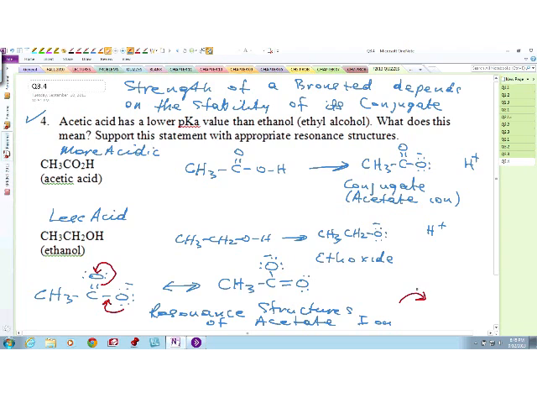In the case of the ethoxide, which is the conjugate base of ethanol, we cannot draw a resonance structure. You can see that negative charge is residing only on the oxygen. We do not have a chance to delocalize that negative charge across three atoms, just as we have in this case, or in this case.